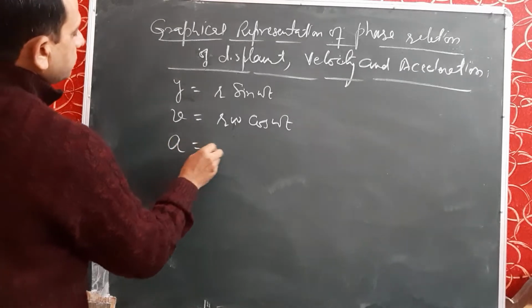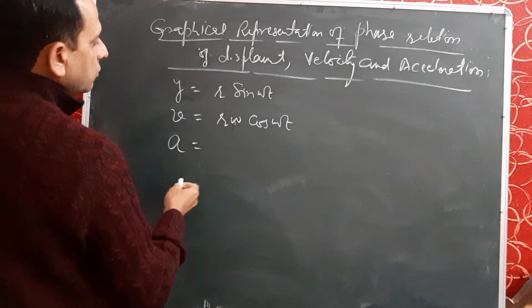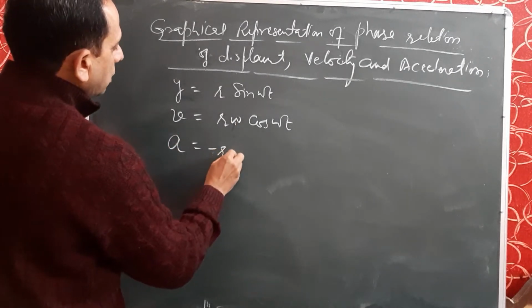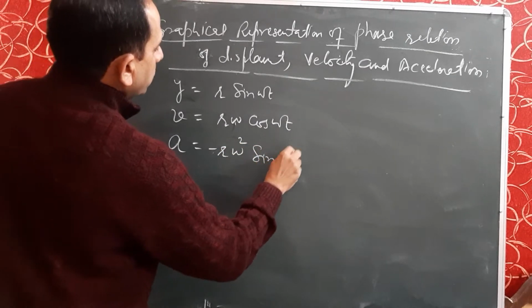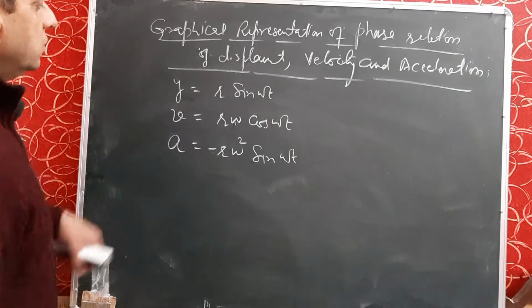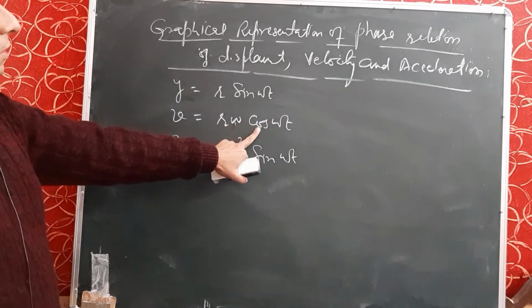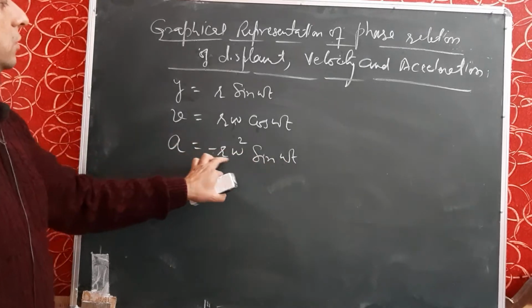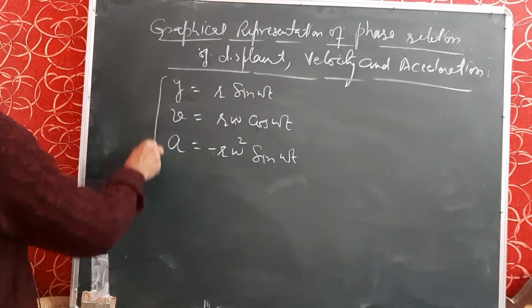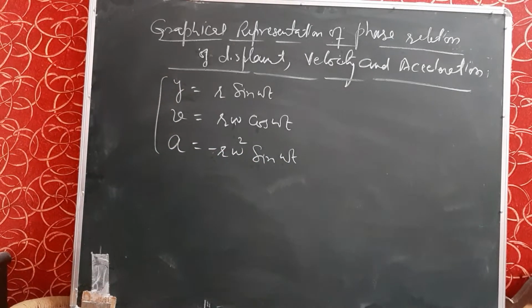And acceleration is the derivative of this velocity. So, it will become minus r omega square sine omega t, because the derivative of cos omega t is minus sine omega t into omega. So, these are the relations or formulae which we have already proved.